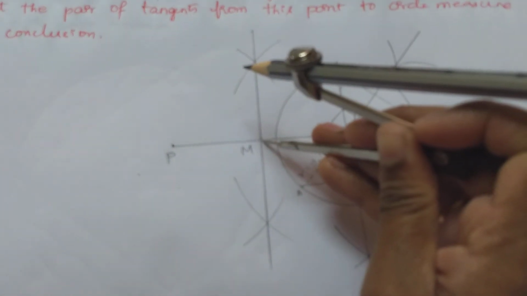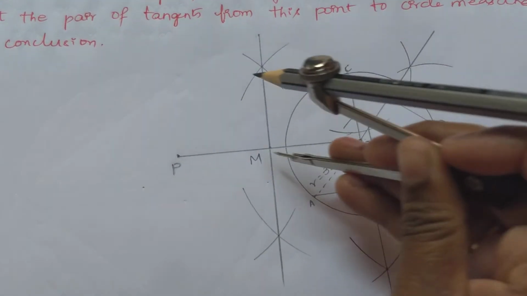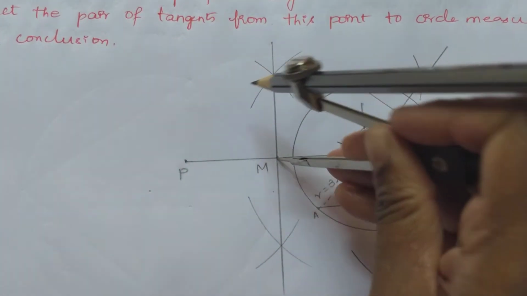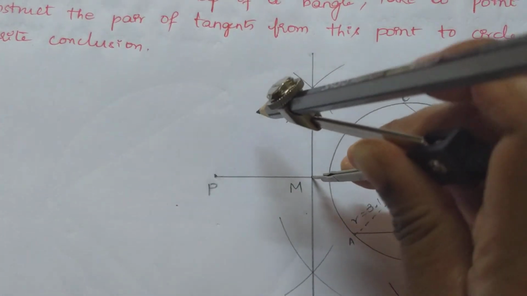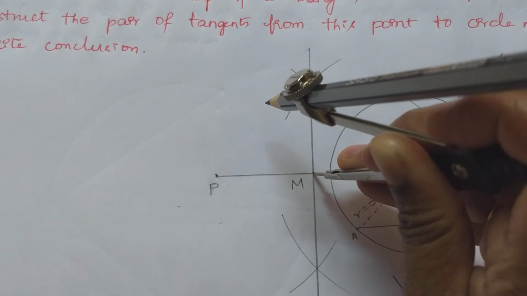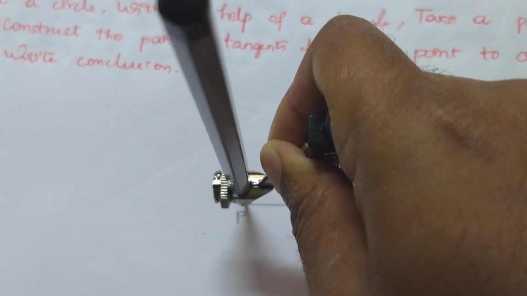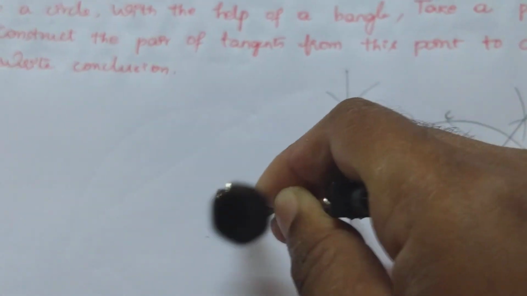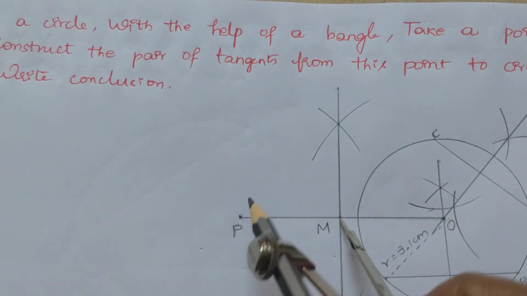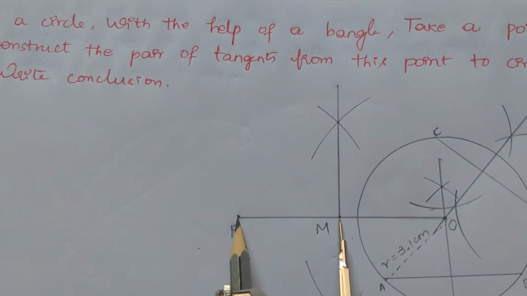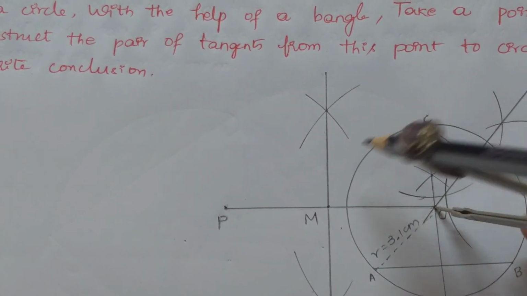Okay. So in the next step, same process we did for previous constructions also. What did we do? Taking M as center and PM or MO as radius, we have drawn a circle, correct? Let us do that now. So from M, let me take the radius as MP or MO, anything is same. You can see here, I have taken the same radius from M, and from the O also the radius will be same.